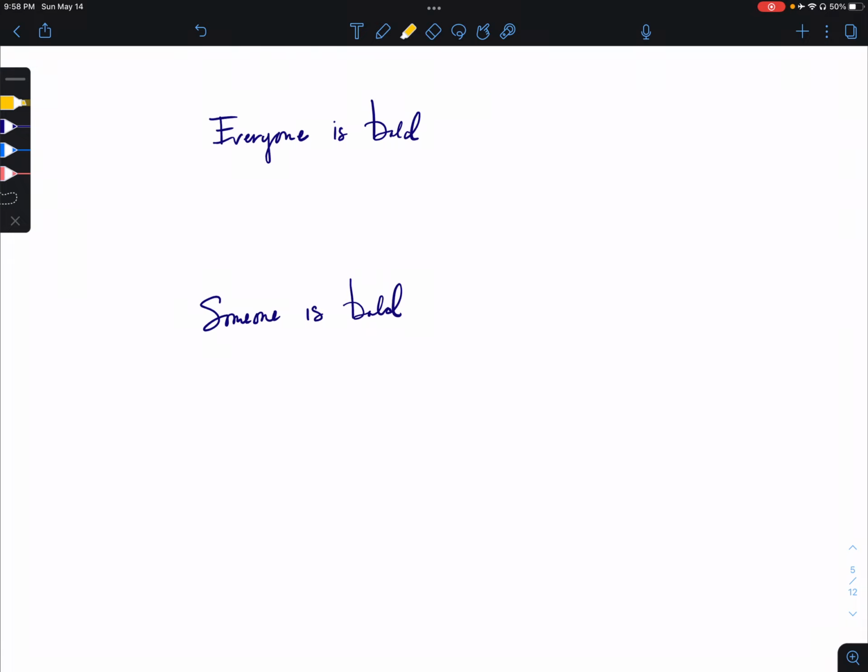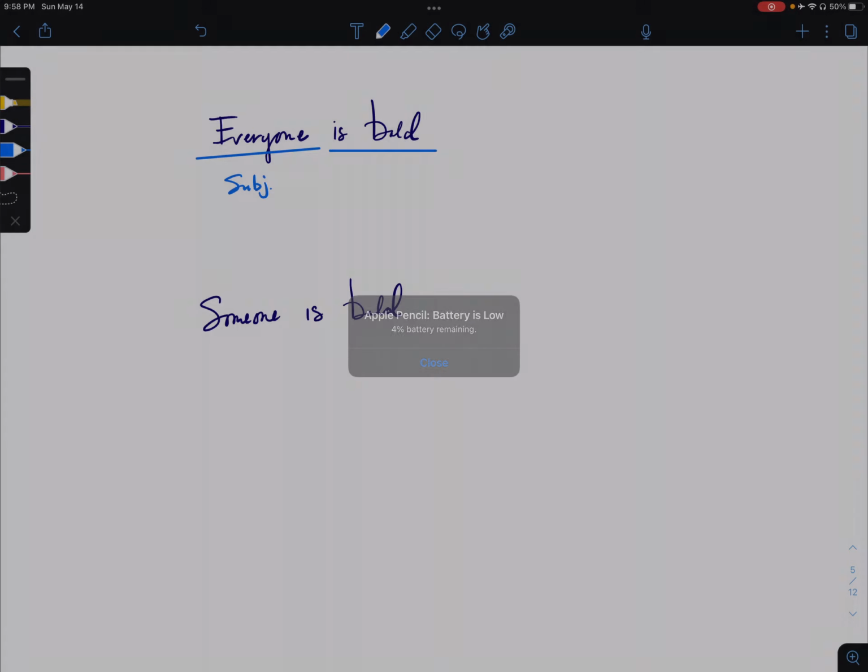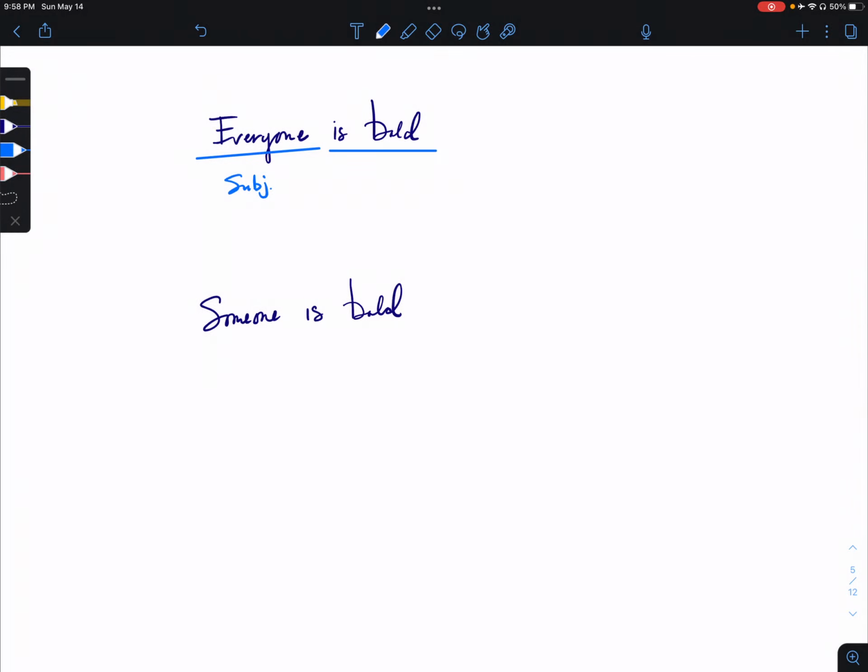And we've already seen other English sentences where we've had to come up with sort of ingenious ways of expressing them in a precise way. For example, the grammar of this sentence is such that everyone is the subject, it's the grammatical subject, and is bald is the grammatical predicate here.